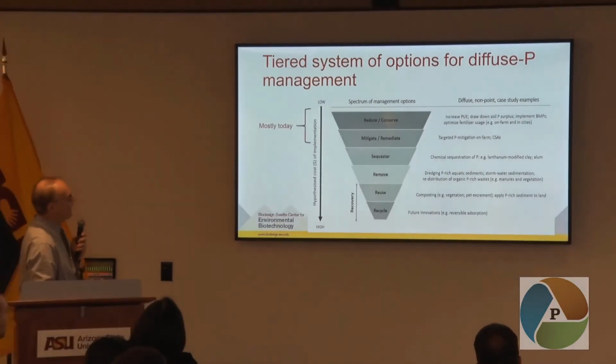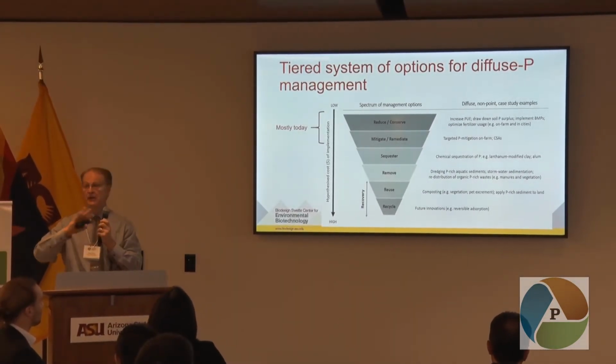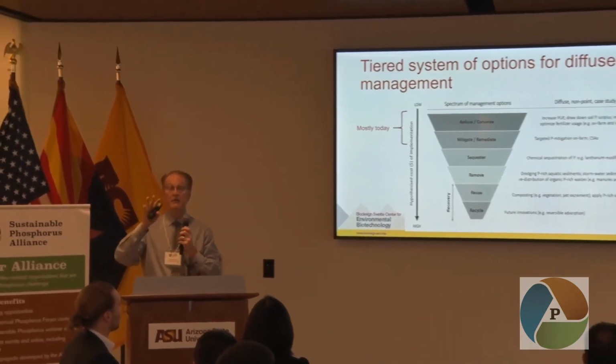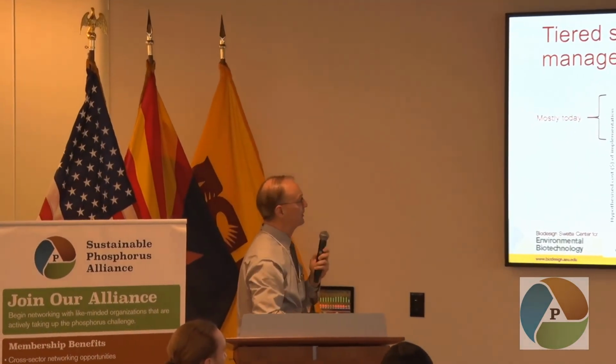Okay, so today, if you look at people who are doing phosphorus management, most of it is in those top two layers here: reducing and conserving, mitigating and remediating, mainly on the fields. So we did an international survey of this to find out what people who are at the leading edge of phosphorus management from diffuse sources today are doing, and almost all of it is there in the top two. The paper gives a bunch of examples from around the world.